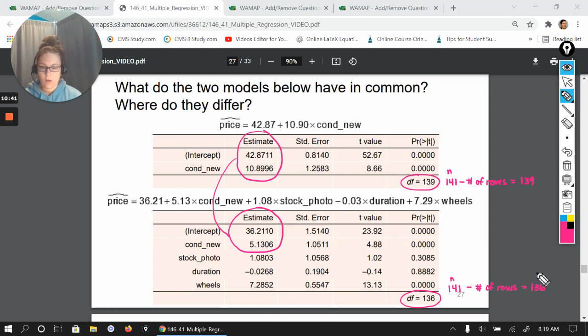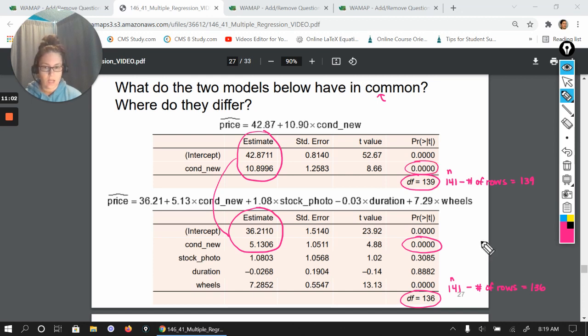Okay, let's write some more things down. So what do they have in common? For each, the condition new is significant because the p-value is very small. If I look at the p-value for both of those, it's rounded to 0.